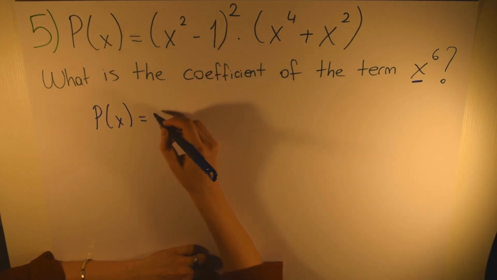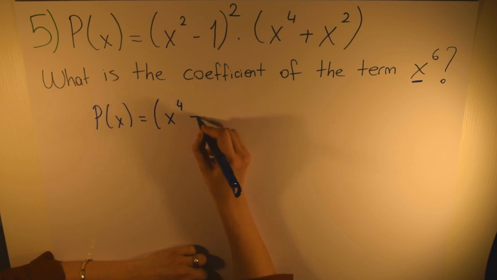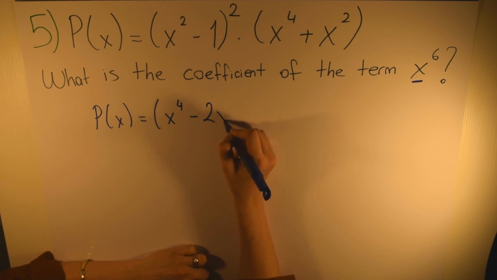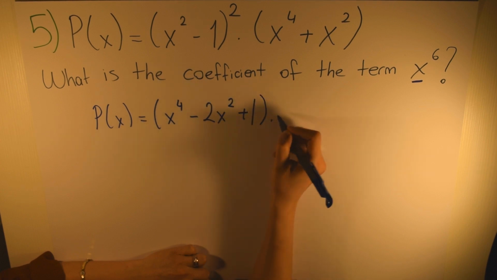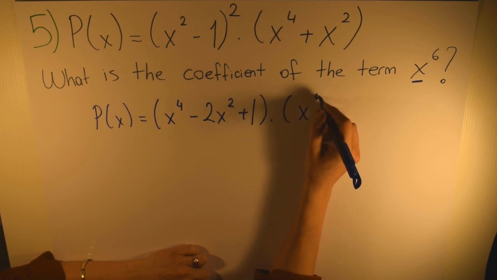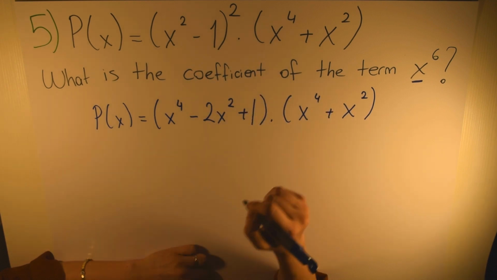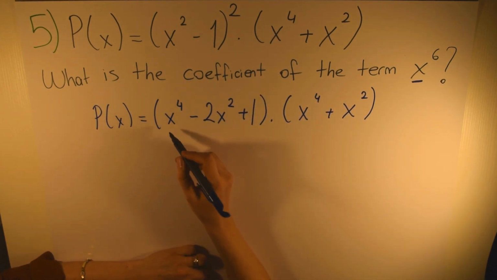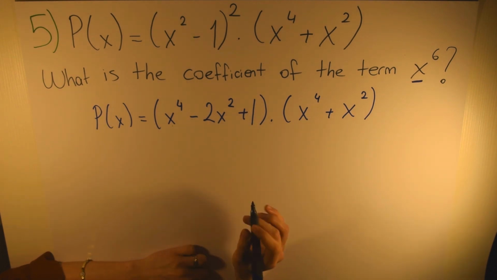P(x) is equal to (x to the power of 4 minus 2x squared plus 1) times (x to the power of 4 plus x to the power of 2). So you don't have to multiply these with this and write all of them down. You don't have to do that.